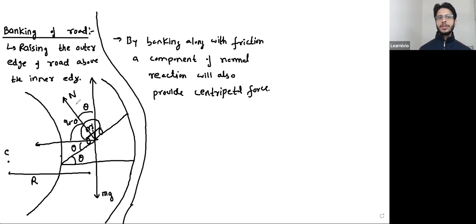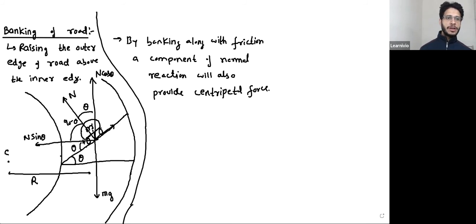So you can take components of the normal reaction. One is acting in this direction, which is N cos theta. Another is acting towards the center, which is N sin theta. And moreover, due to inertia of direction, this car will try to move out of the center of the circular path. It has a tendency to move up the plane.